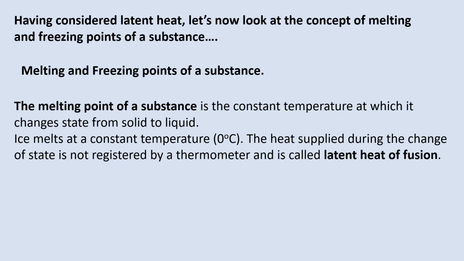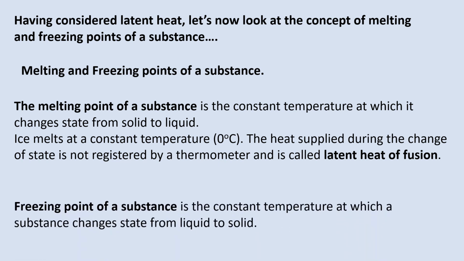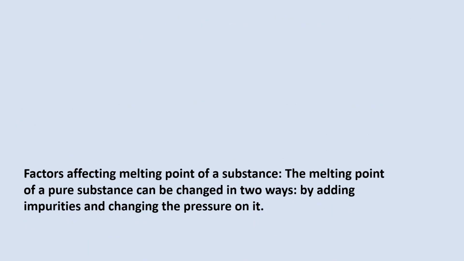The heat supplied during the change of state is not registered by a thermometer, and that is why it is called latent heat of fusion. Freezing point of a substance: this is the constant temperature at which a substance changes state from liquid to solid. So it will become frozen as it moves from liquid state to solid state.